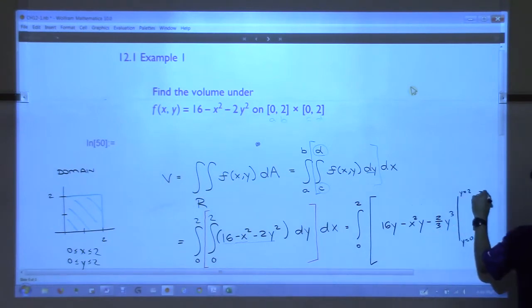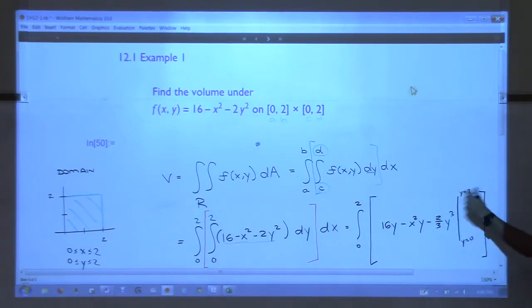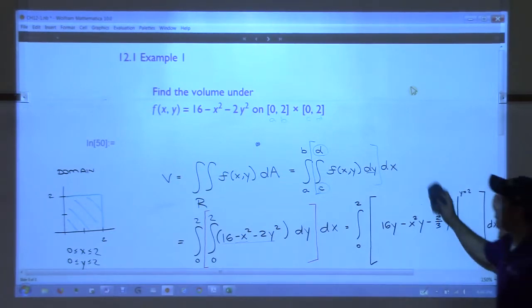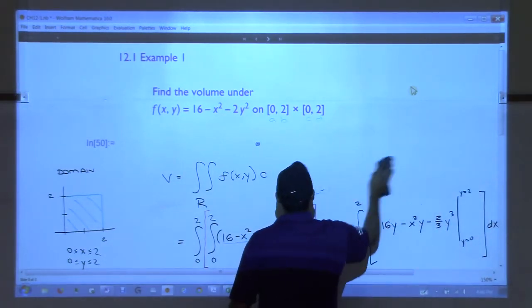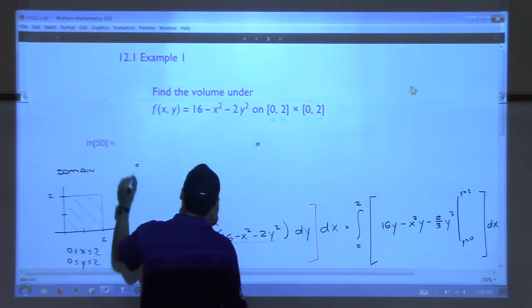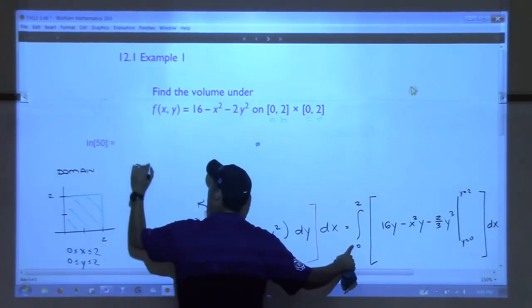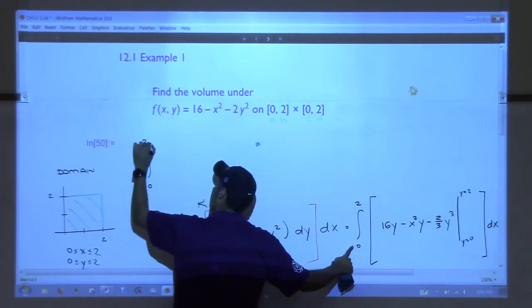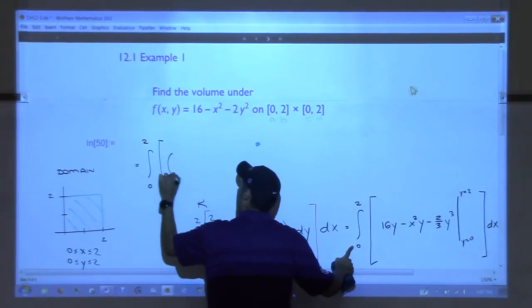And then after all that's done, once I figure out what all that is, I need to do another antiderivative with respect to x. So let's do this evaluation. So this equals, all right, I'm still going to write the integral sign, 0 to 2.